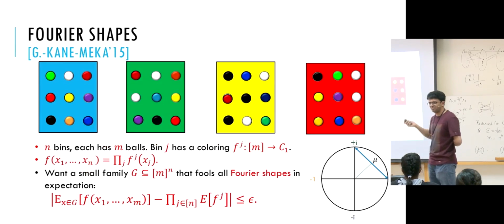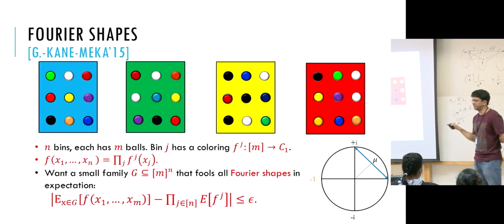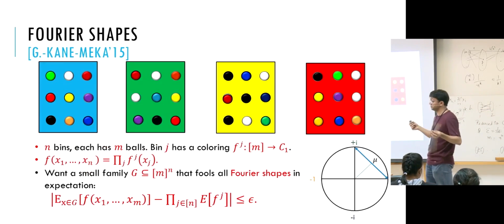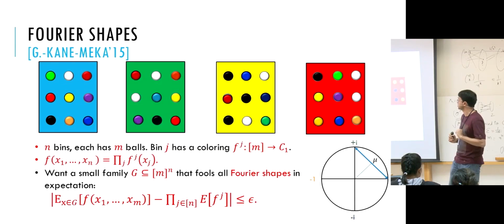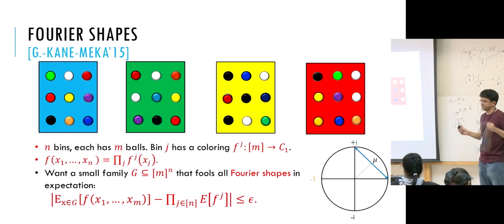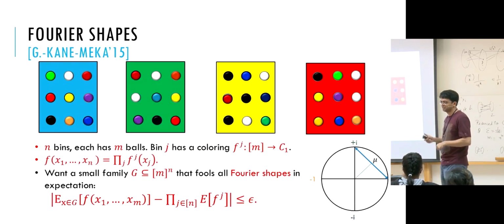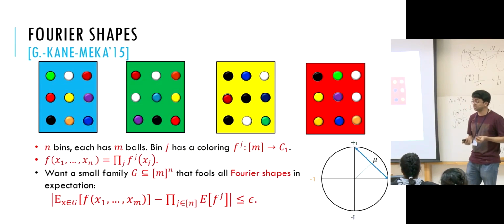They are a generalization of pretty much everything we've talked about in today's talk, and of a lot of the questions you've been asking about things like, let's get the distribution right when you're hashing balls into bins and so on. So what is a Fourier shape? Well, you've never heard of this class before simply because it's a class we made up very recently. Again, you have n bins, each has balls.